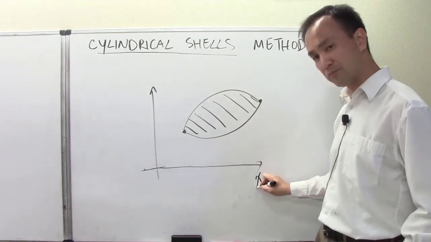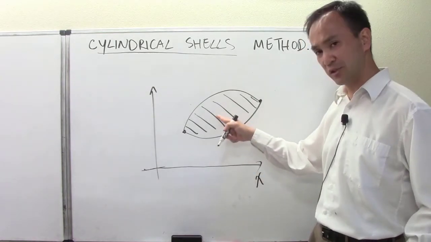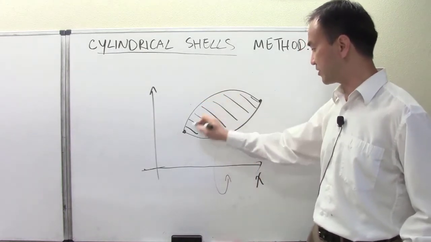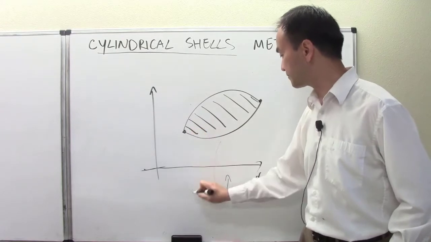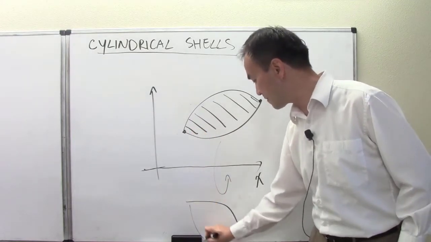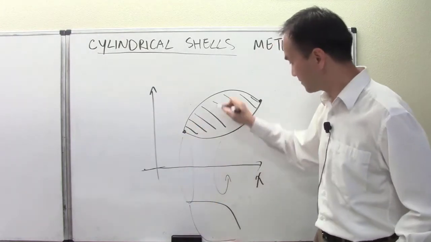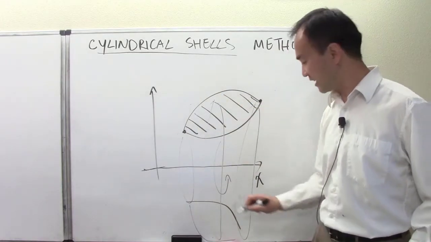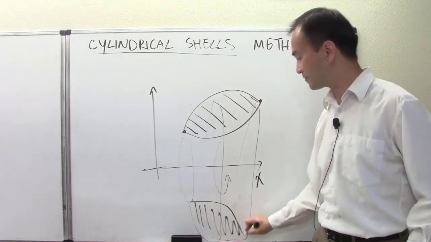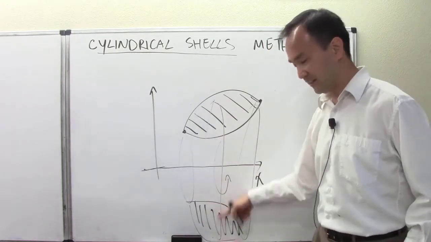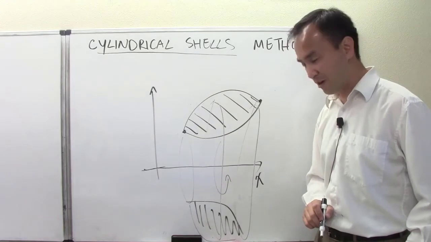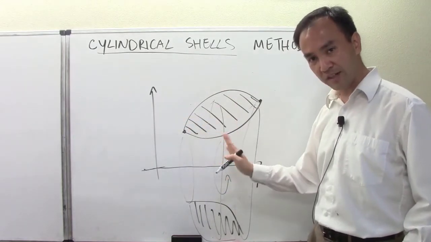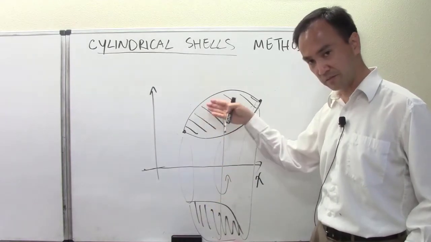Some problems require us to take the region and rotate it around the x-axis to create a solid, as described in the picture here. So that's the case where the problem requires us to rotate the given area around the x-axis.